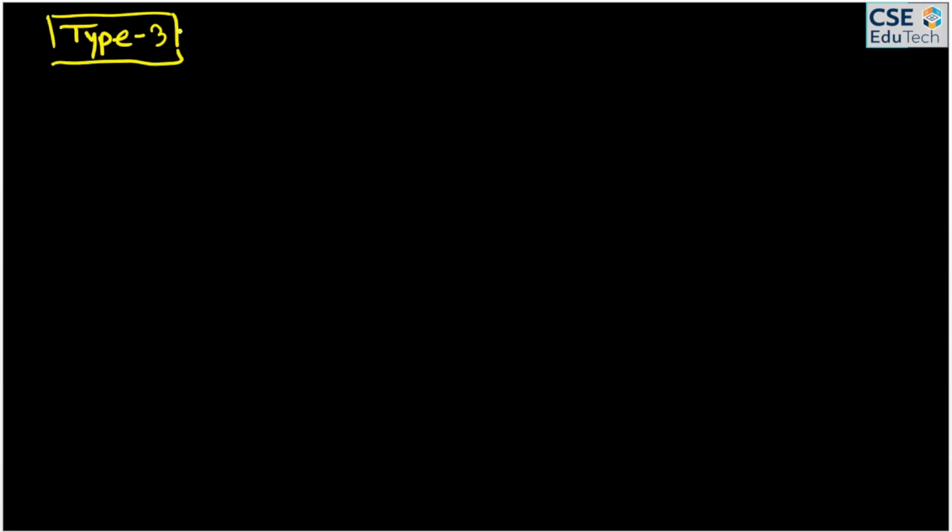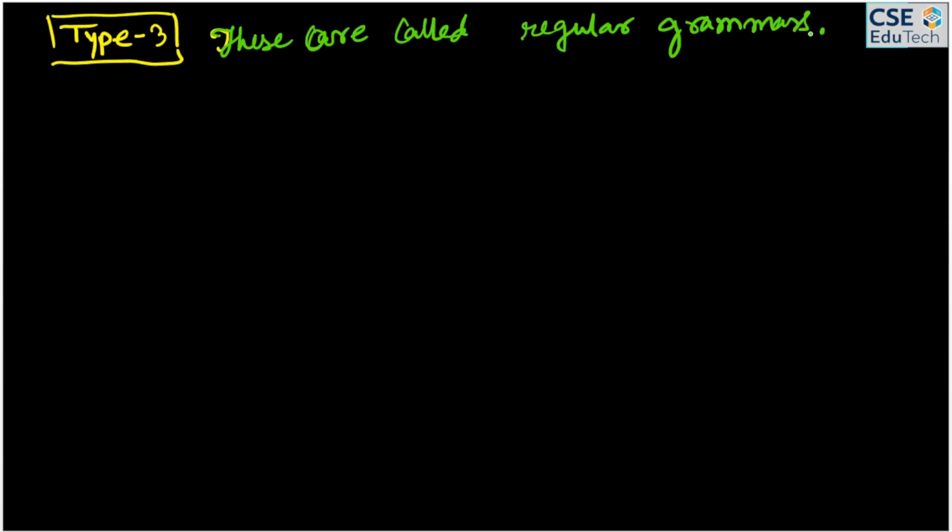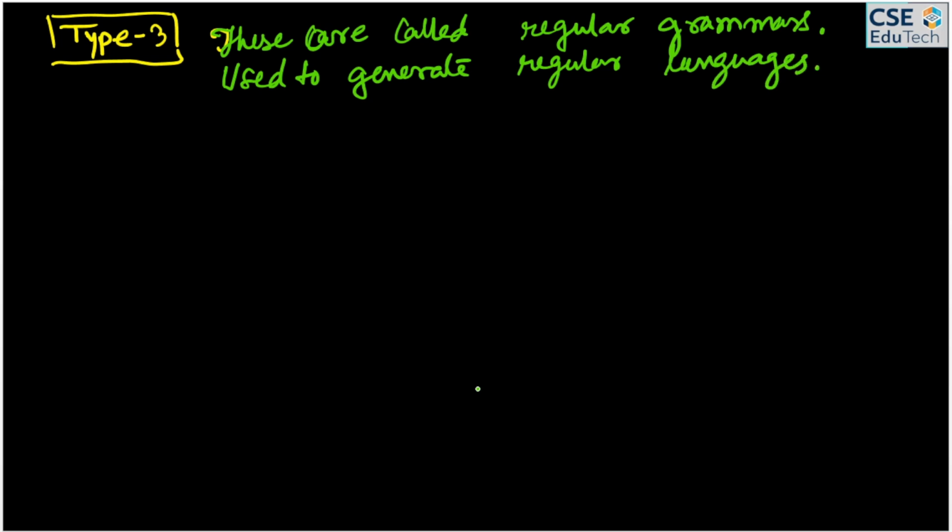Type 3 are called the regular grammar, and they are basically used to generate the regular language.